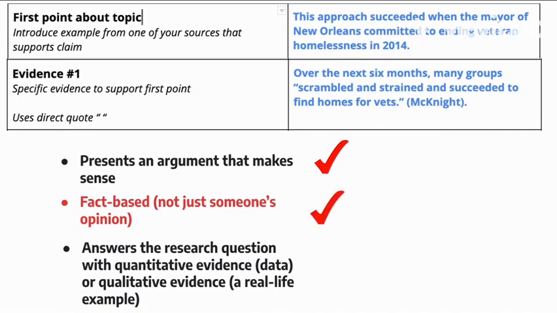It's not someone's opinion. And does it answer the research question? Does it actually address how local leaders can help end veteran homelessness? Yeah, definitely. It's a real life example of how that worked in the city of New Orleans. So now I know that I have strong evidence to support my topic.